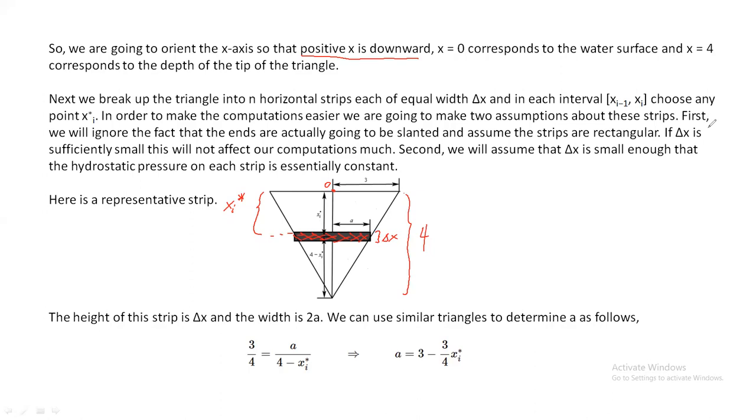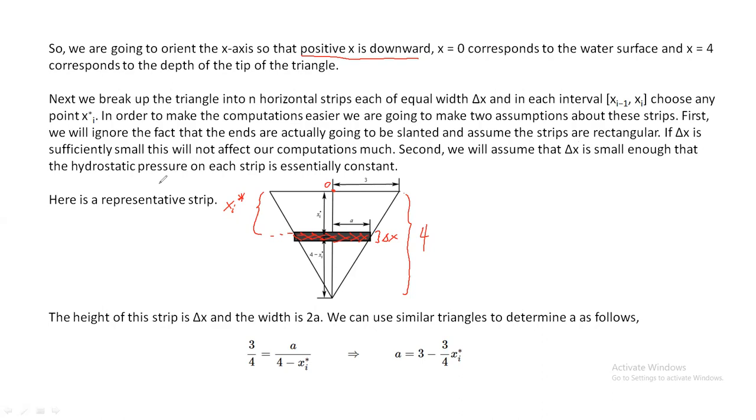If delta x is sufficiently small, this will not affect our computation that much. This is irrespective of where the strip is. The assumption is that it is thin enough that pressure is constant.